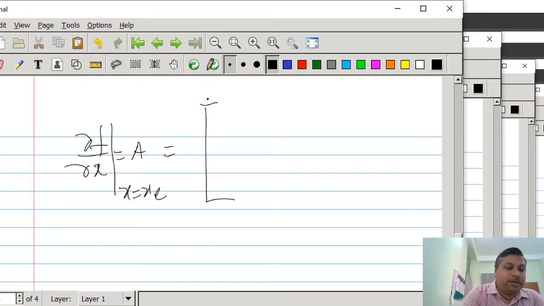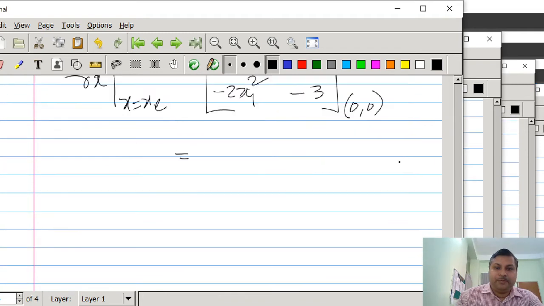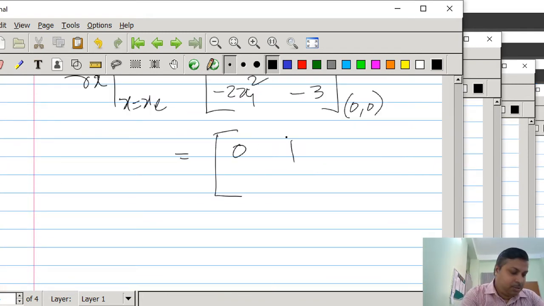If you calculate it, it will be simply 0 1, minus 3x1 square, sorry, not cube, it will be square, and minus 3, and this you have to compute at 0 0. So if you compute it, then you will find that it is coming 0 1, 0 minus 3.